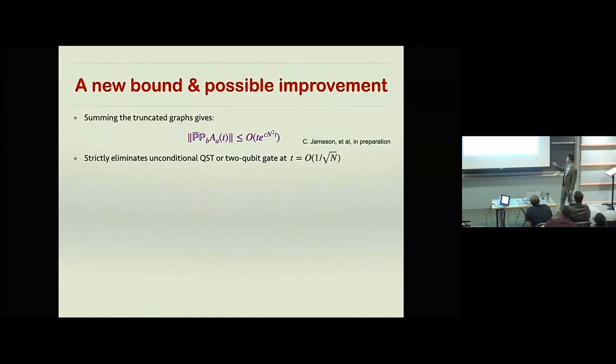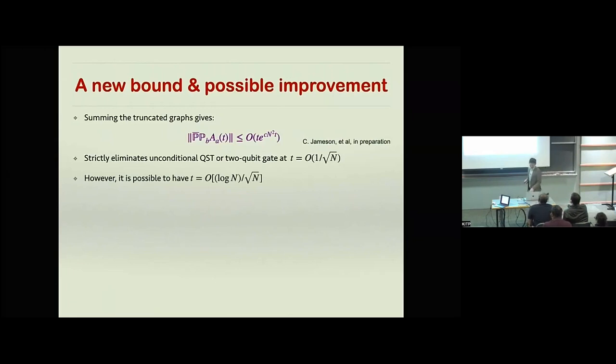If you plug in the scaling here, you're going to find that this norm is always 1 over square root of n, and it basically goes to 0 in the large n limit. So this proves that there's no way you can do an unconditional quantum state transfer as fast as a conditional one. But unfortunately, this is not a huge improvement, because you can also just make your time a little bit longer, as log n over square root of n, and you can still make this 1.